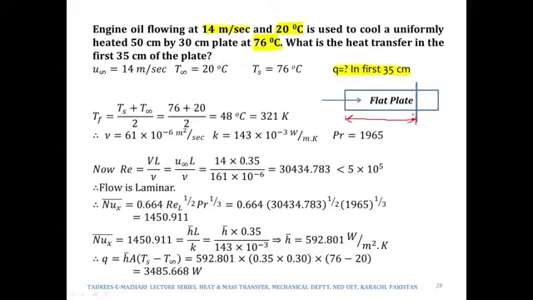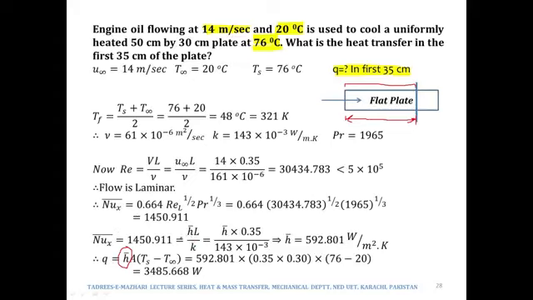Again, that would be considered as finding out Q from this entire length, and since the heat transfer is taking place via convection, we would be using hA delta T, where h would be h bar, because we have to find out heat transfer from the entire plate and not from one location. Since we have to find out h bar, we would be finding it out using Nusselt number is equal to hL over k.